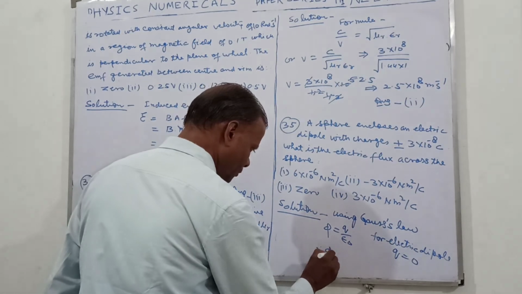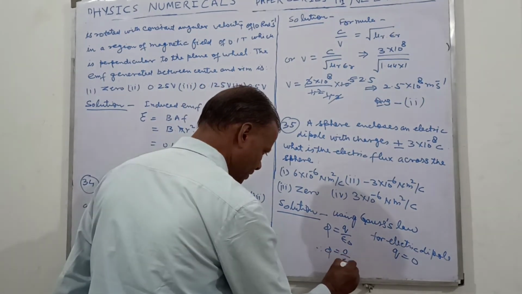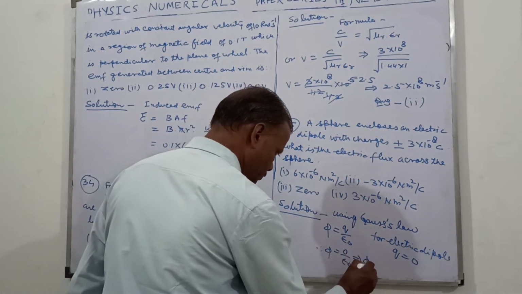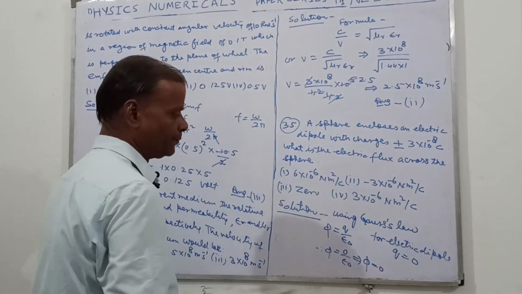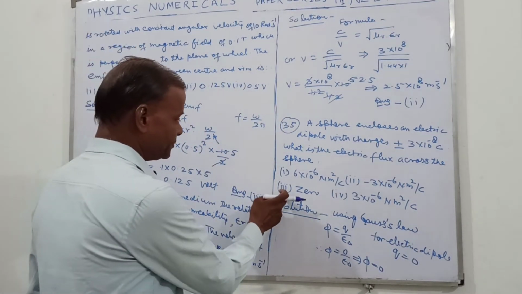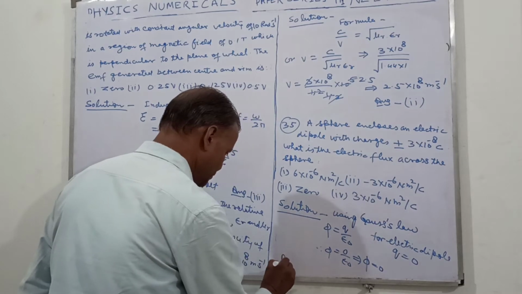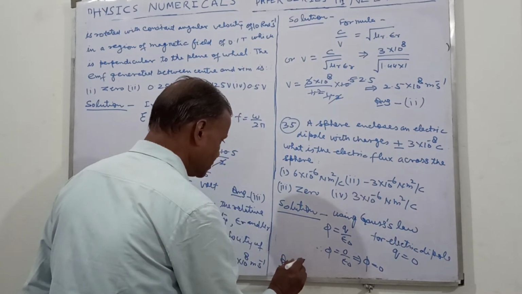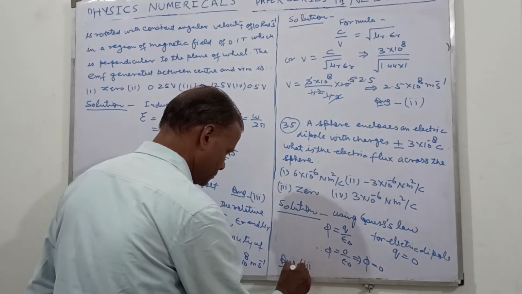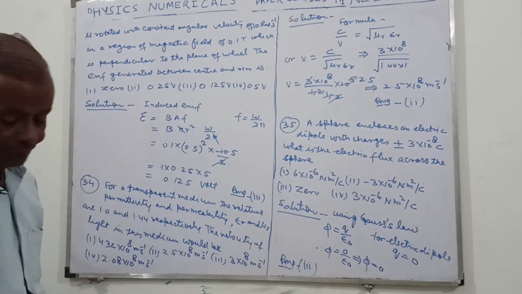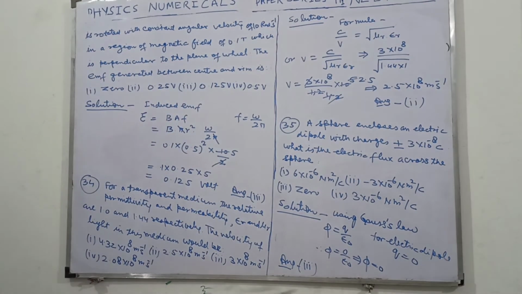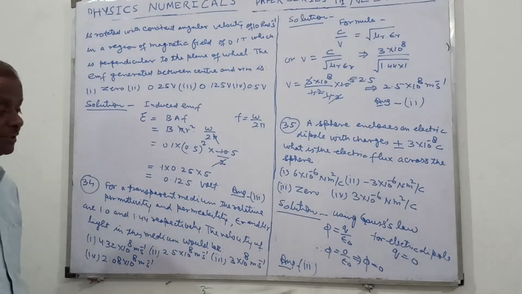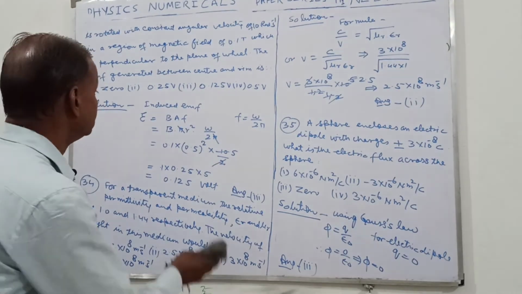Therefore, phi equals 0 upon epsilon naught, which gives phi equal to 0. So the right answer is the third. This is a direct application of the Gauss law.